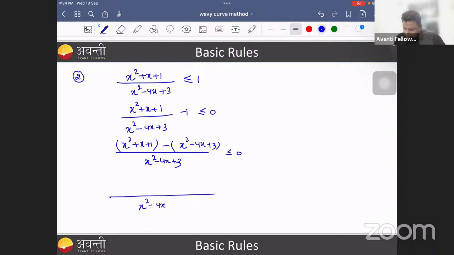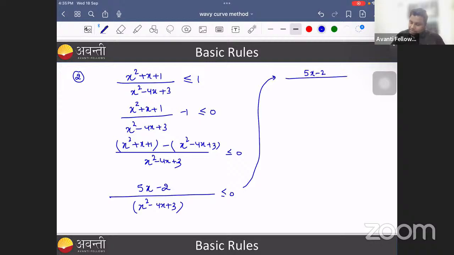In the numerator, it will be 5x minus 2. Now the right side is 0, but the left side is still not properly factorized. So I will factorize it: (5x minus 2) upon (x minus 3)(x minus 1) less than or equal to 0.